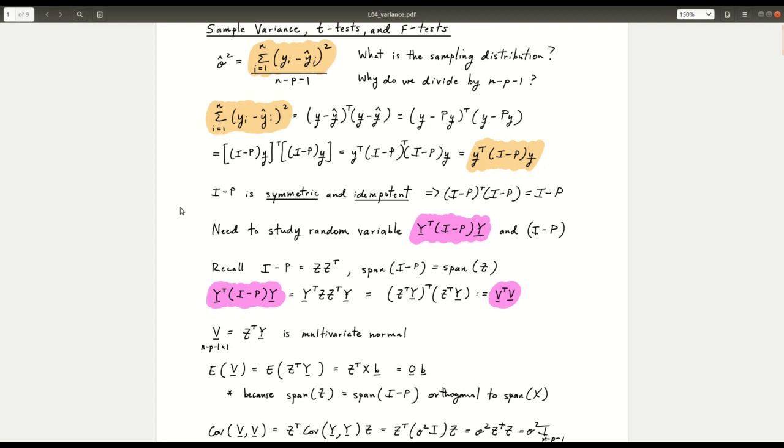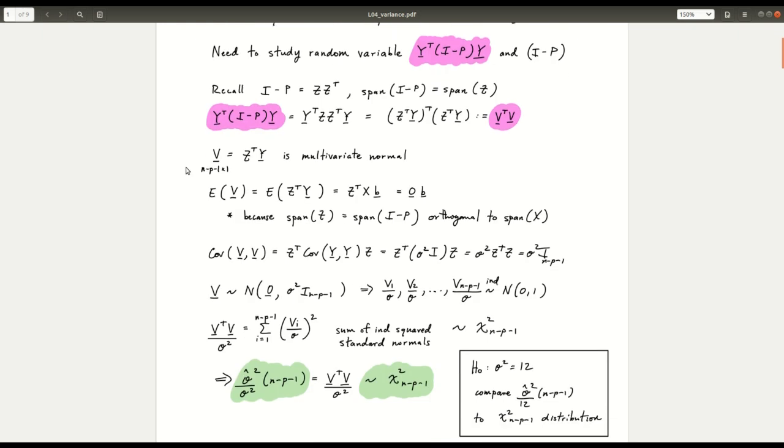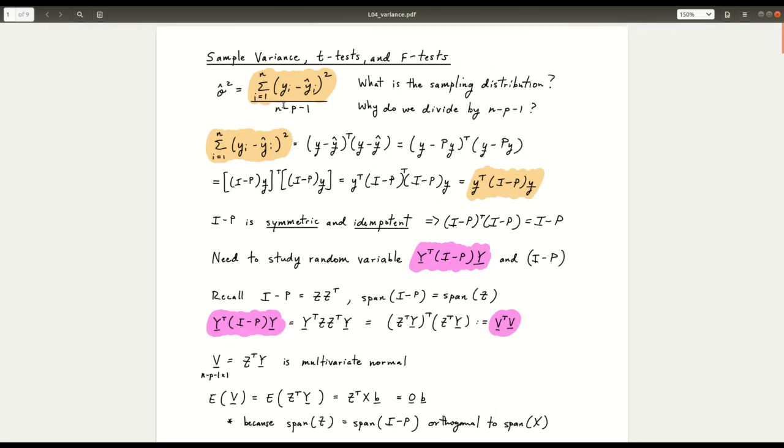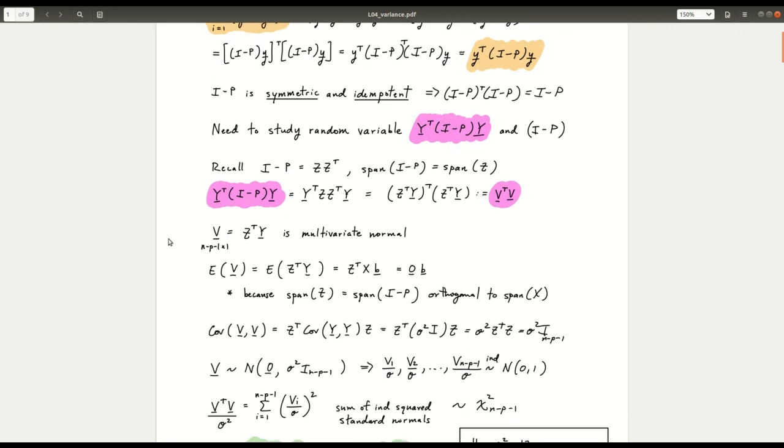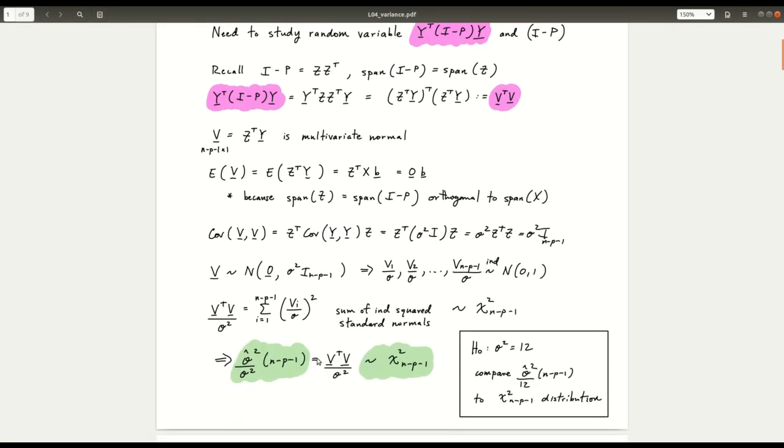So if we take this sigma hat squared, divide it by sigma squared, and then multiply it by n minus p minus 1 to make this go away, we get that this quantity is a chi-squared with n minus p minus 1 degrees of freedom. Okay, so this is a little bit, I won't say it's weird, but a little bit different because the parameter, to make this distribution nice, appears on the left side. But it's not really complicated.